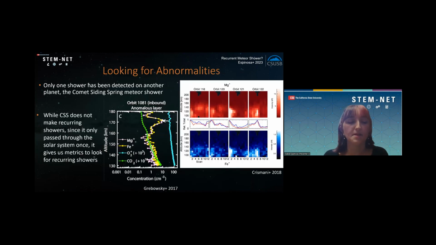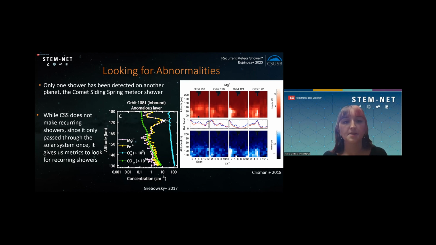An example of this that we've found before is Comet Siding Spring. It's a meteor shower that was detected on Mars by MAVEN using the IUVS technology, which looks for how many photons per cubic meter there is of metals found in meteor showers, such as Mg+ or iron.